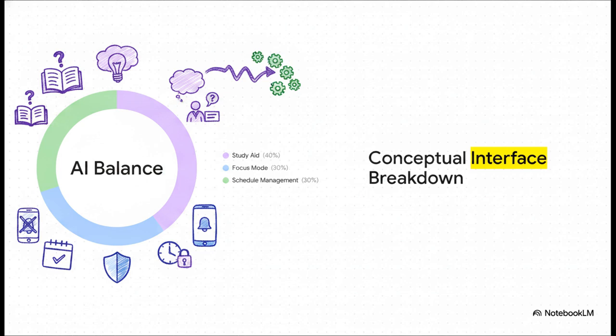This is huge. It's the AI actively managing notifications, limiting access to non-essential entertainment apps, and effectively creating a digital quiet zone the second it detects the student is doing homework. And the final 30%? That's schedule management. It intelligently tracks assignments, predicts upcoming deadlines, and structures class times. It's just a remarkably balanced, holistic approach to managing a student's entire academic life through native AI.